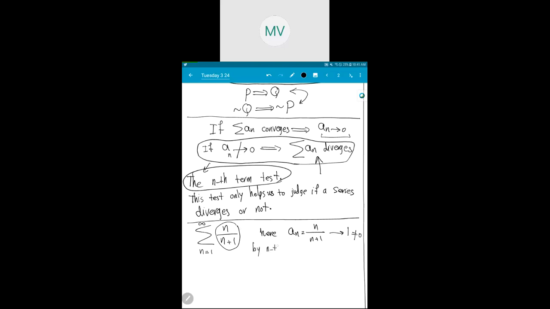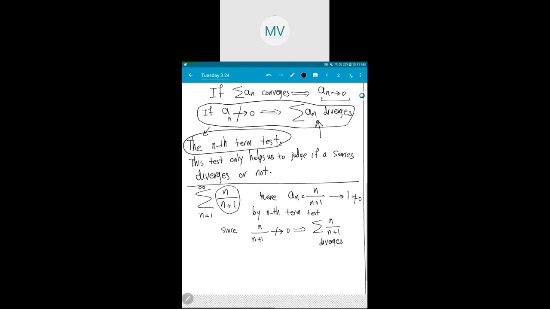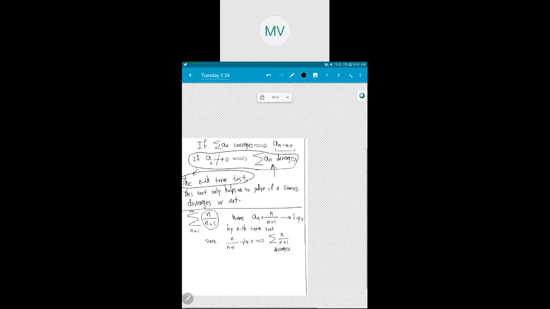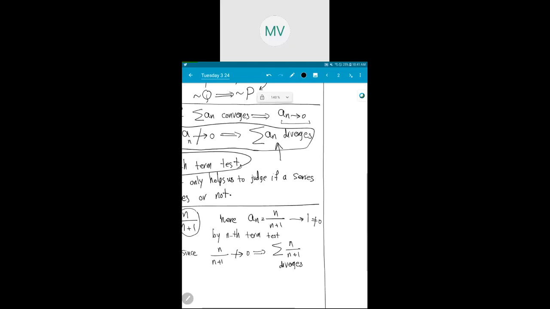By nth term test, this is what you can write: since n over n plus 1 doesn't go to 0, then sum of n over n plus 1 diverges. Right?